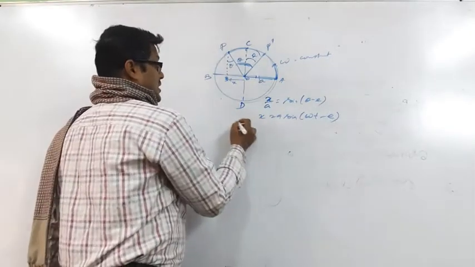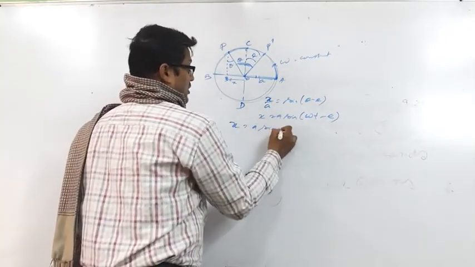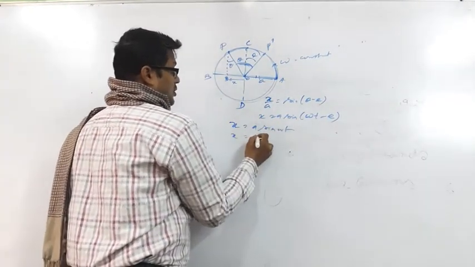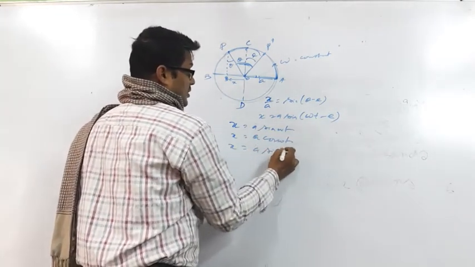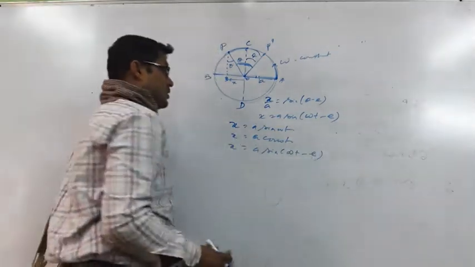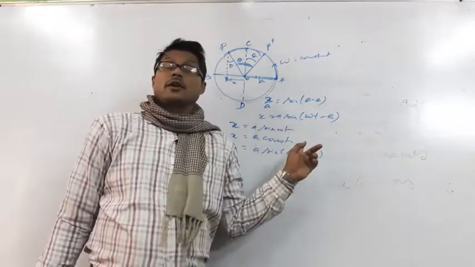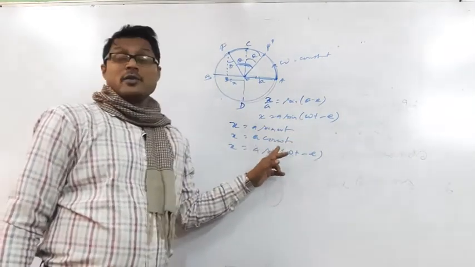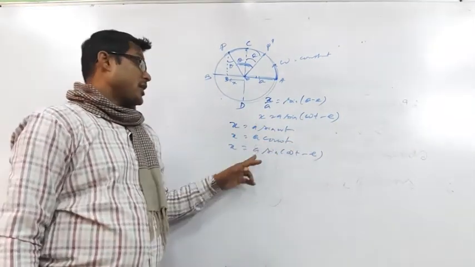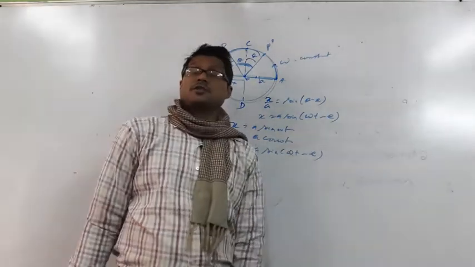One is x equals a sin omega t, another is x equals a cos omega t, another is x equals a sin(omega t minus e). Here time is calculated from equilibrium. Here time is calculated from the end position. Here time is calculated from any position.